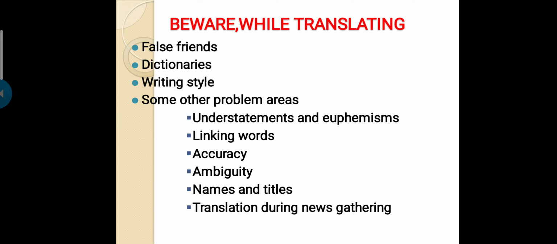Next, dictionaries. You cannot translate words in isolation. Words get their meaning from how they are used in each situation, or what we call their context. You must do a contextual translation.